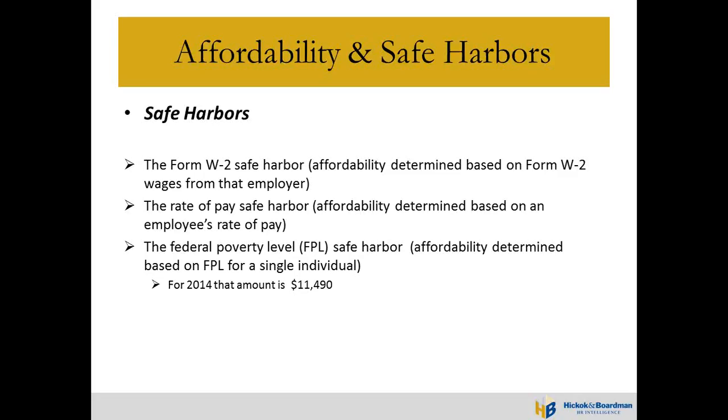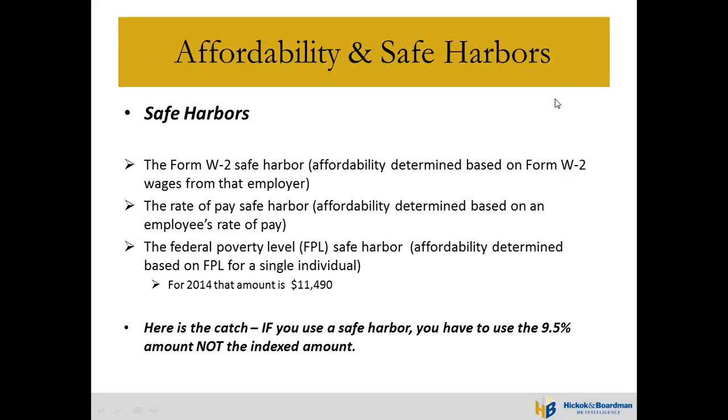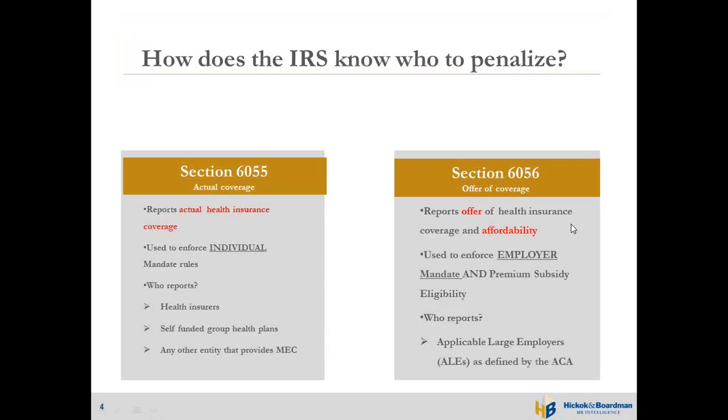Now for 2014, that amount was $11,490, and I have not seen the 2015 rate yet. It may be out there, but I have not had an opportunity to go research that. And again, if you use the safe harbor, you have to use the 9.5% to determine affordability.